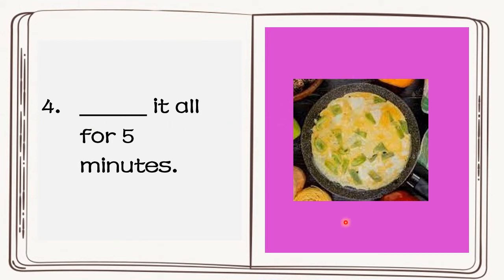Okay, look at this picture. What do you think is the suitable cooking verb to write in this blank? Did you get your answer? Okay, now let's check your answer.